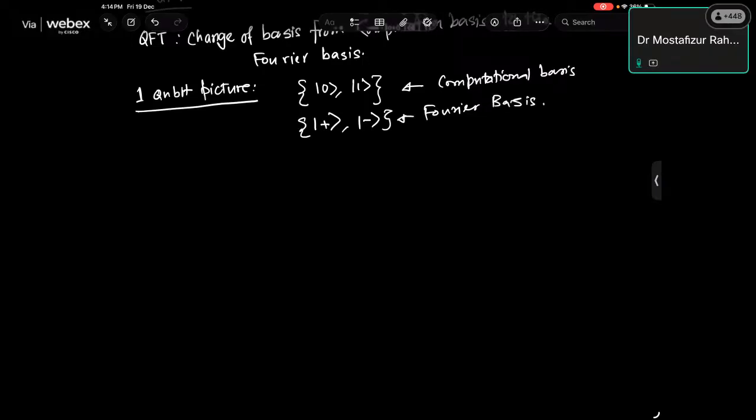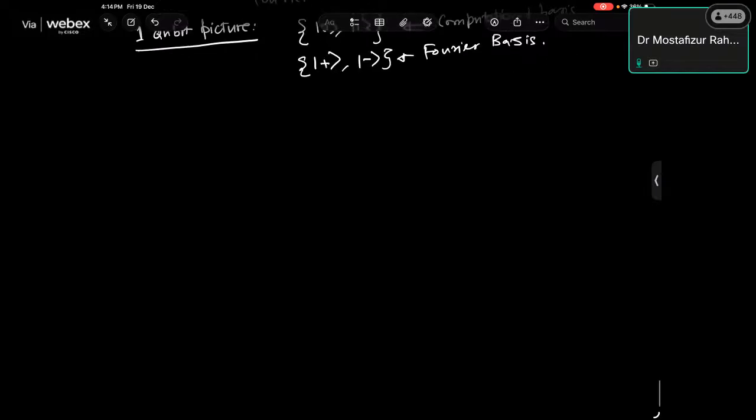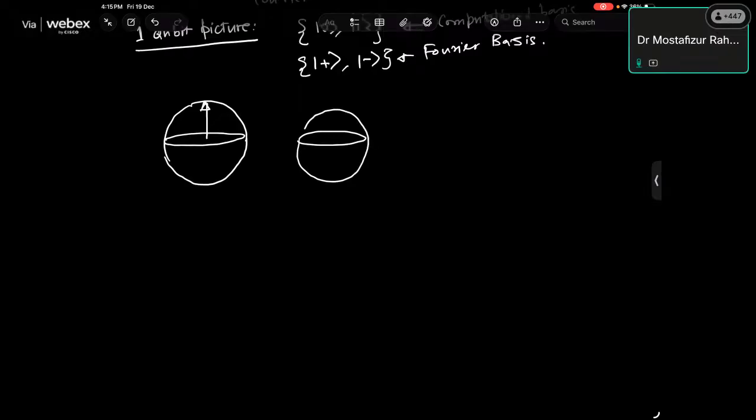So how does it look in the Bloch sphere? In the Bloch sphere representation, I think in previous lectures this was very much demonstrated. Say, for example, this is your ket0, this is your ket1, right?